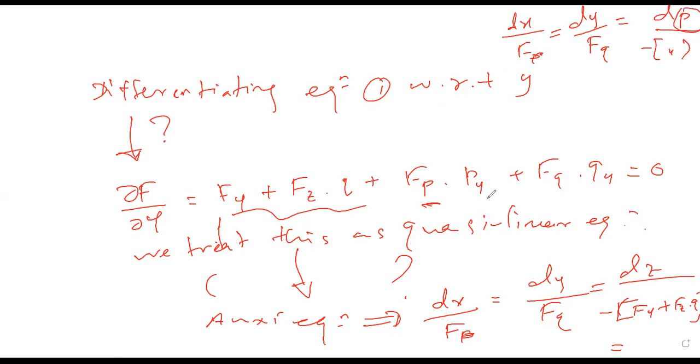We are treating it as p, because earlier we had Fx plus Fz of p, so according to that we are taking dp, not dz. Similarly here, dq over Fy plus Fz of q. I can also write this as k. Just write k.